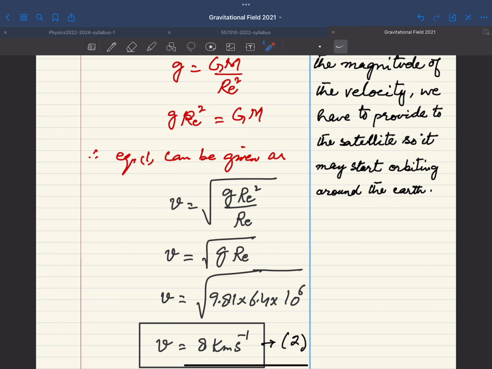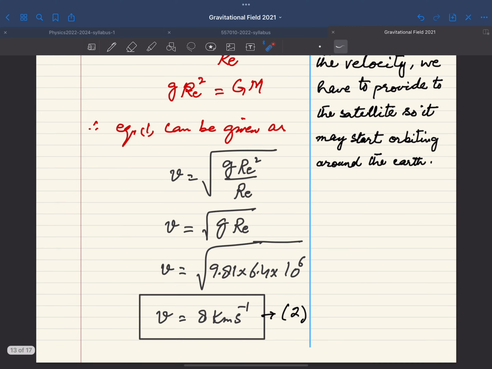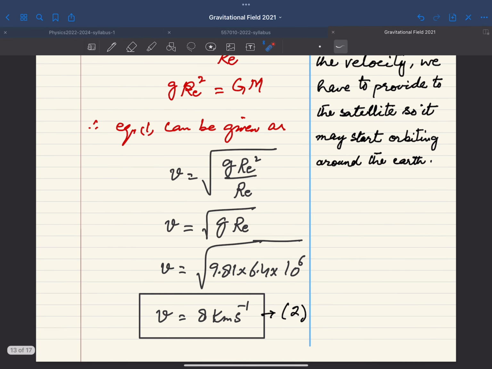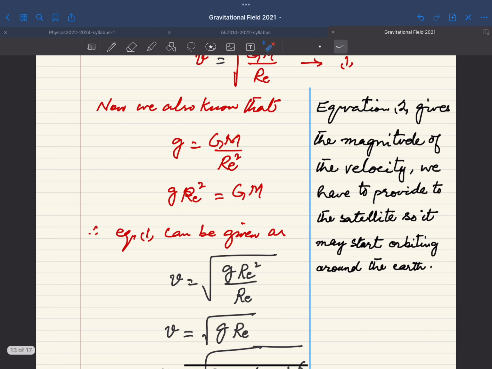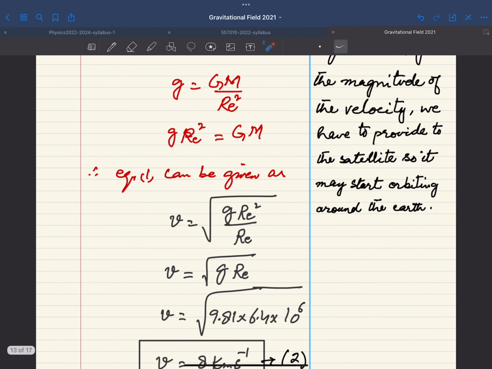Now you know the value of g, which is 9.81, and the radius of the earth, so the approximate value of the orbital velocity is 8 kilometers per second. So equation 2 gives the magnitude of the velocity we have to provide to the satellite so it may start orbiting around the earth.